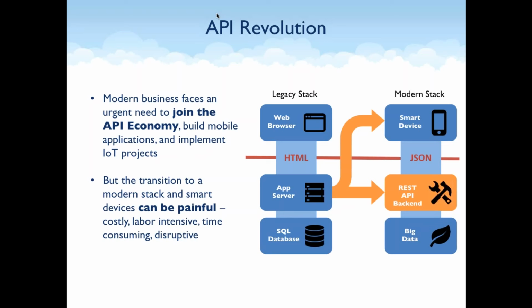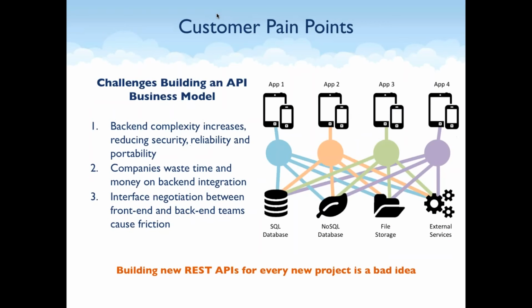This is a very difficult transition, and that's what we're going to talk about in depth today, specifically as it relates to Oracle databases. So key takeaway here: how do you transition from this client-server world to a modern technology stack?